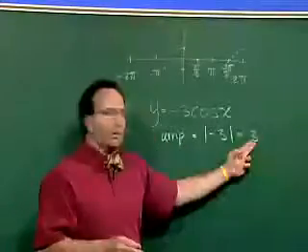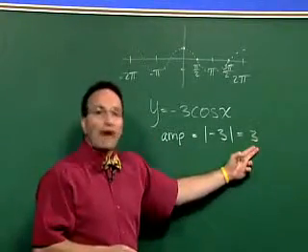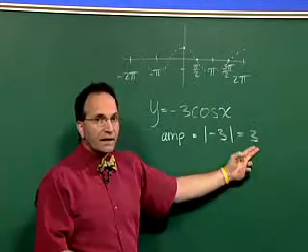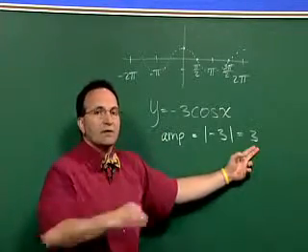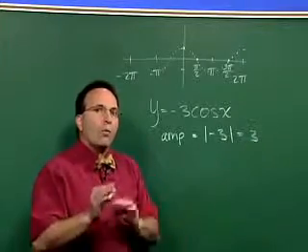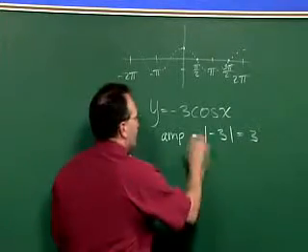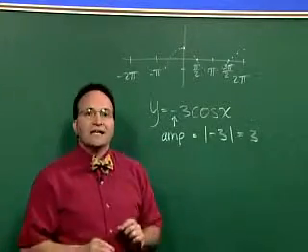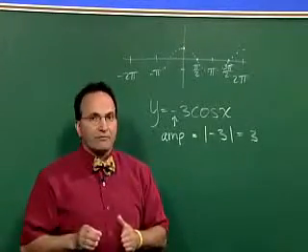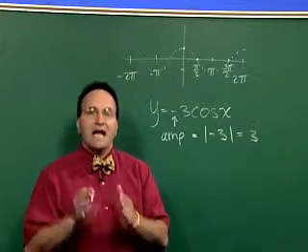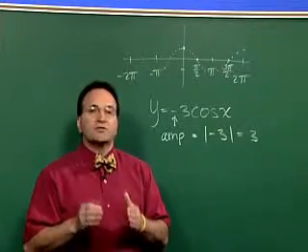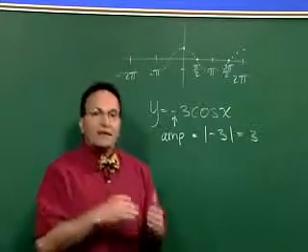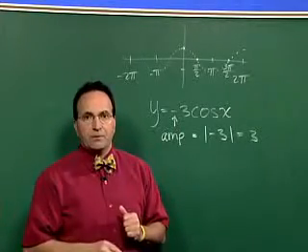So therefore, we would say that the graph for cosine will go down to -3, and it will go up to +3. But what about the negative part of that? What that does is it reflects the graph about the x-axis. So we will include a reflection within this change in amplitude.